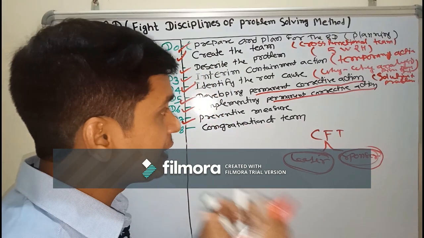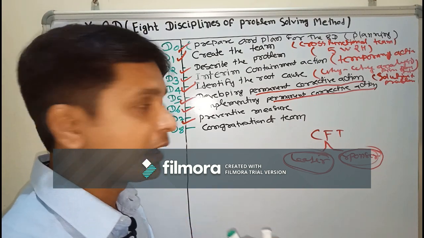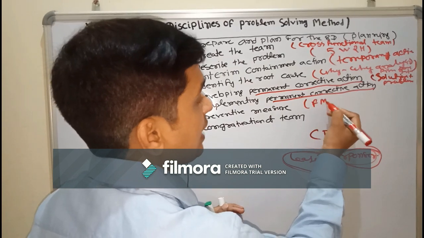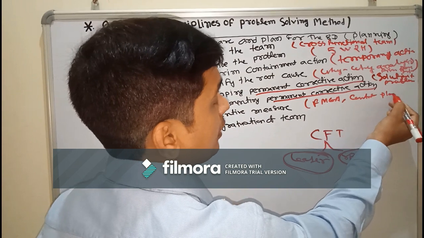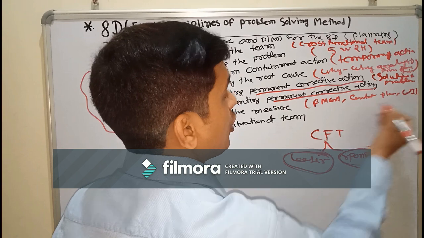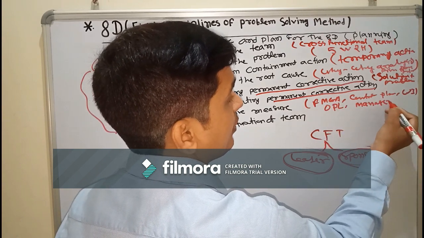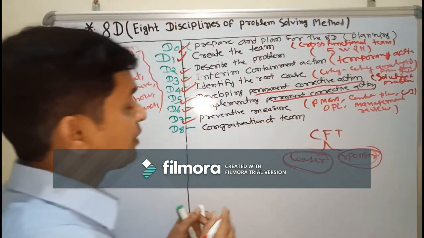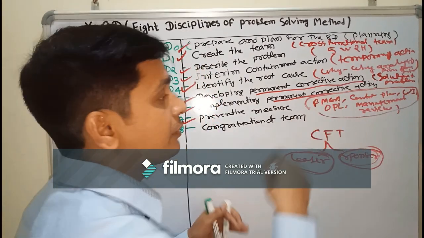So for curing the problems, you have to make some changes in your FMEA, failure mode effect analysis, in your control plan, and you have to implement WI work instruction, OPM, management review for preventive measures.